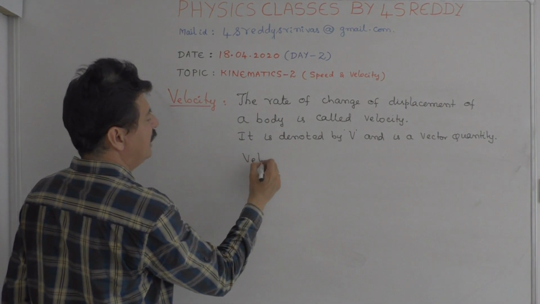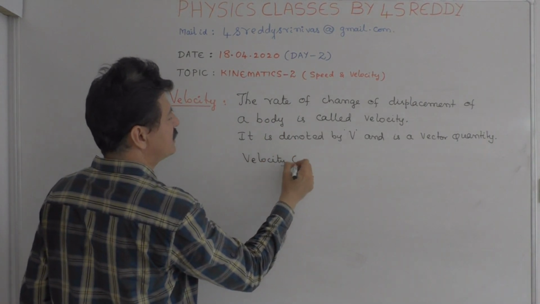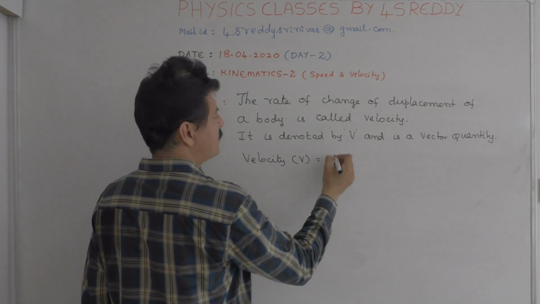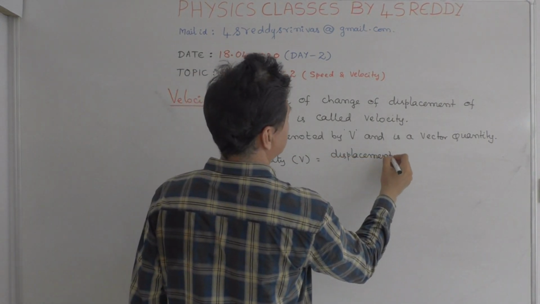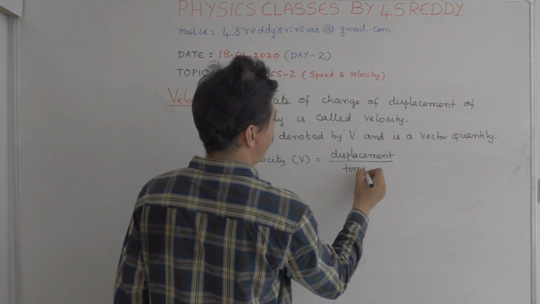So we can write that velocity V is equal to displacement by time in a simple manner.